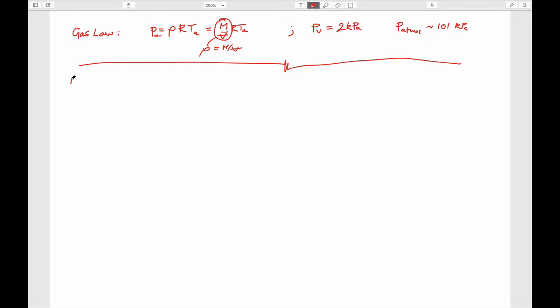We know from weeks 4 and 5, we know Bernoulli. And we have it parallel to streamlines and perpendicular to streamlines. We know that it occurs along a streamline or along a stream tube.